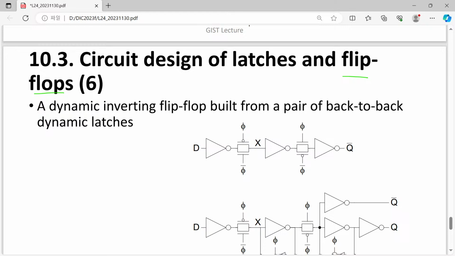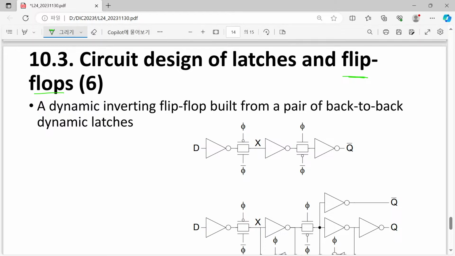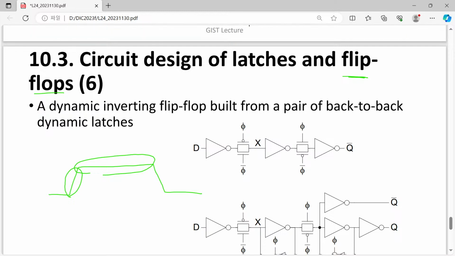However, a flip-flop should not react to this entire signal, but only to a short time period. How can we actually sense this?